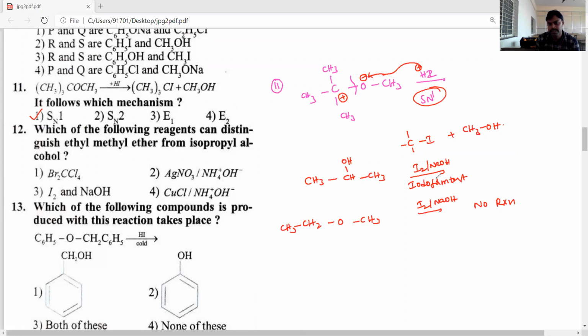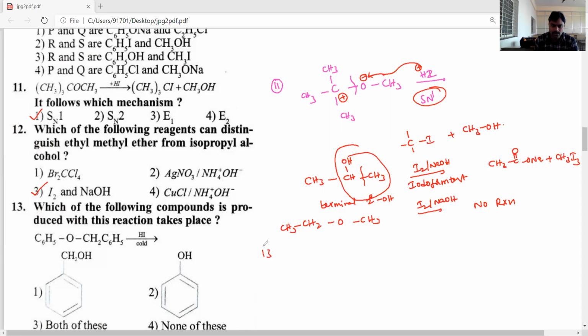Already in the last class we discussed the iodoform test. Terminal secondary alcohols and ethyl alcohol give a positive haloform test. The product is CH3-C(=O)-ONa, sodium acetate, and one carbon is converted into CHI3, iodoform. So the answer is the third option.